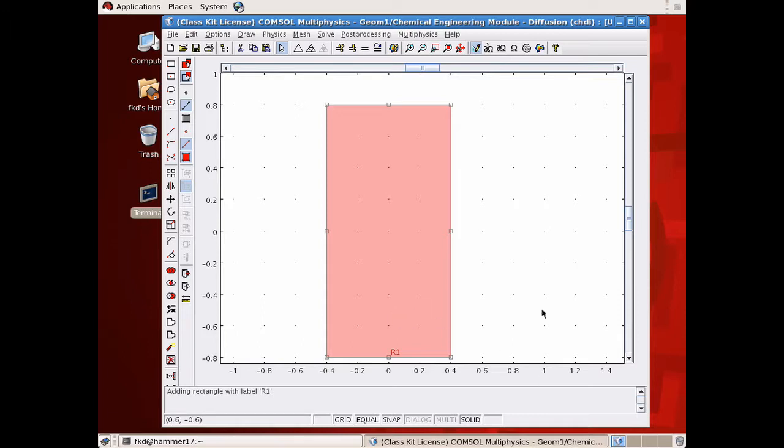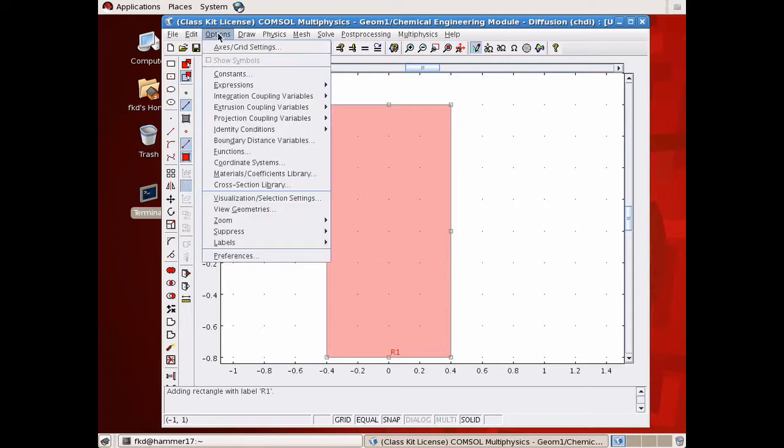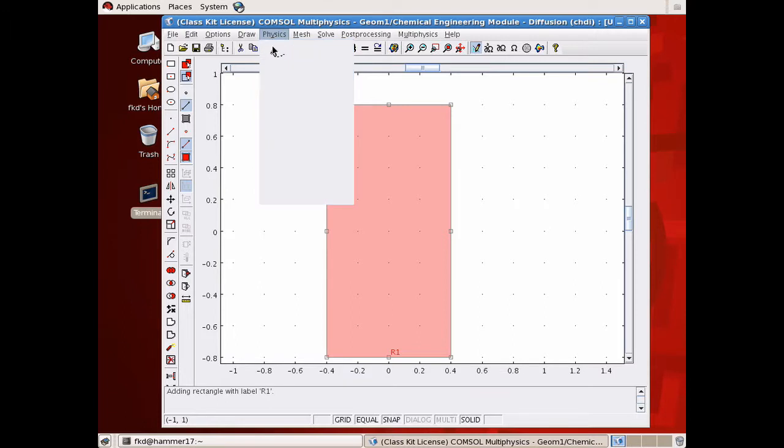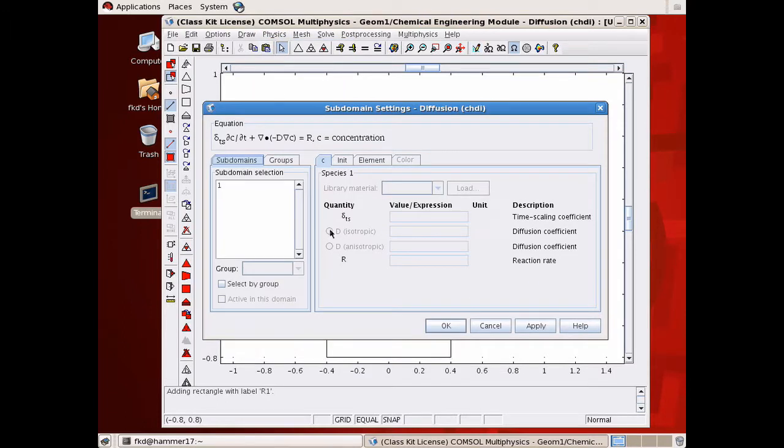All right. Let me see if I can remember. So what do we have to do? Options, constants, physics, I guess. Subdomain settings, what does it need? In our particular case for our group, it needs some material for hydraulic conductivity, which was 2 for us, or 1?